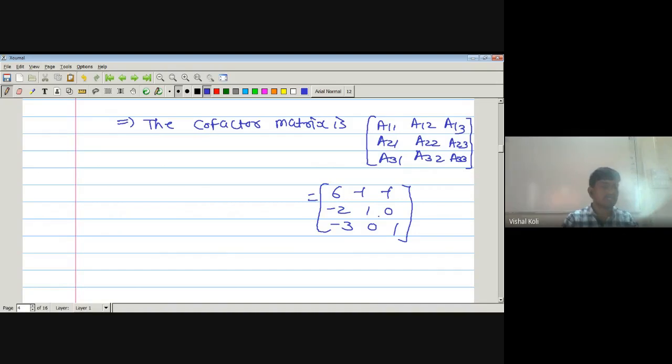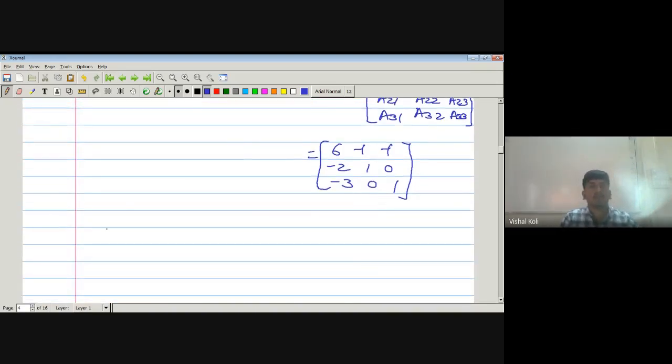Now we have to find its transpose, that is, its adjoint. The adjoint of a matrix A is nothing but the transpose of the cofactor matrix. The cofactor matrix is 6, minus 1, minus 1; minus 2, 1, 0; minus 3, 0, 1.